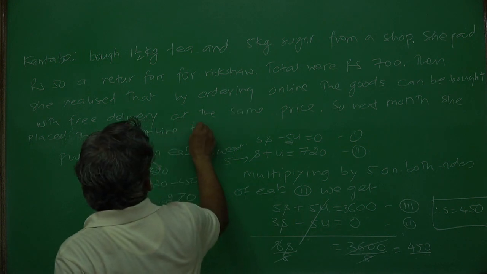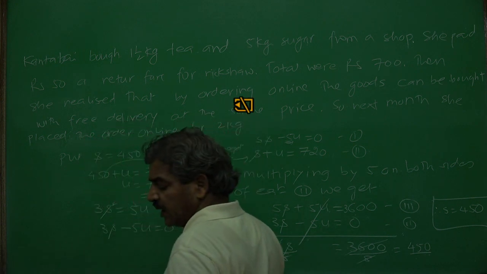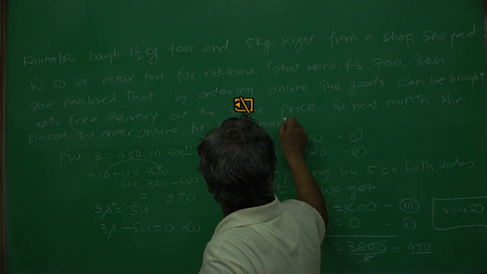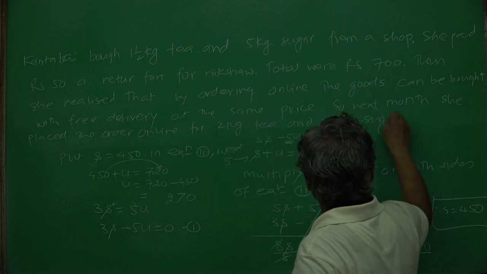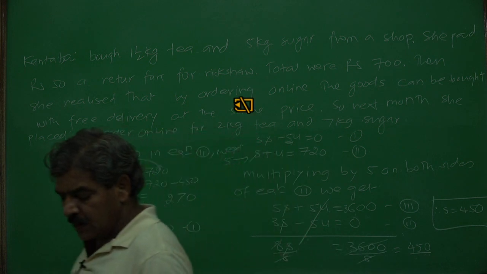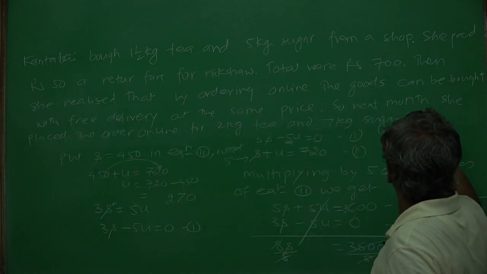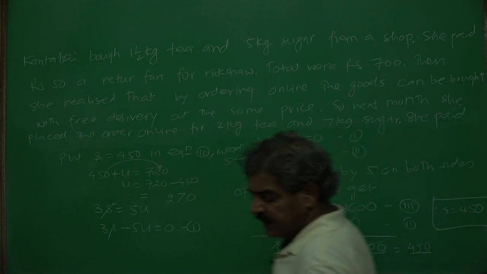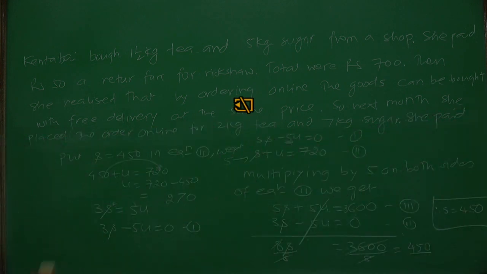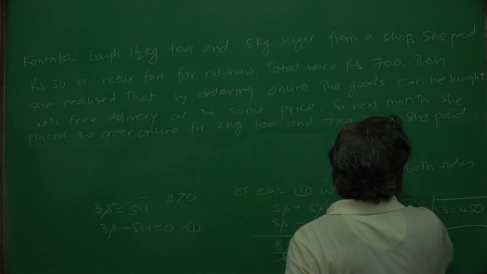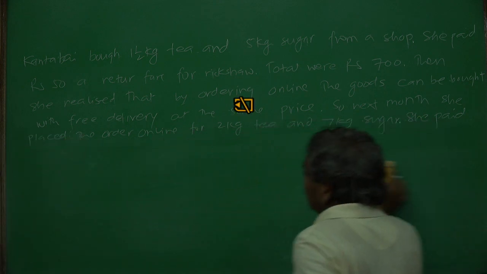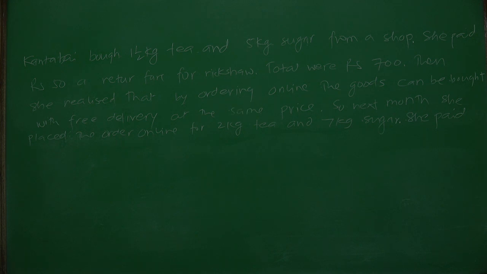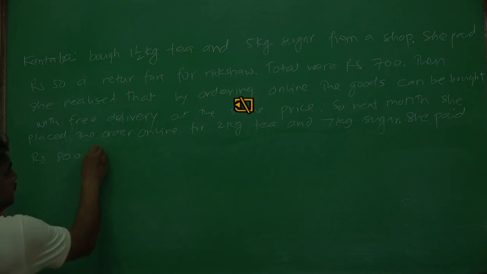for 2 kg tea and 7 kg sugar. She paid rupees 800 for that.